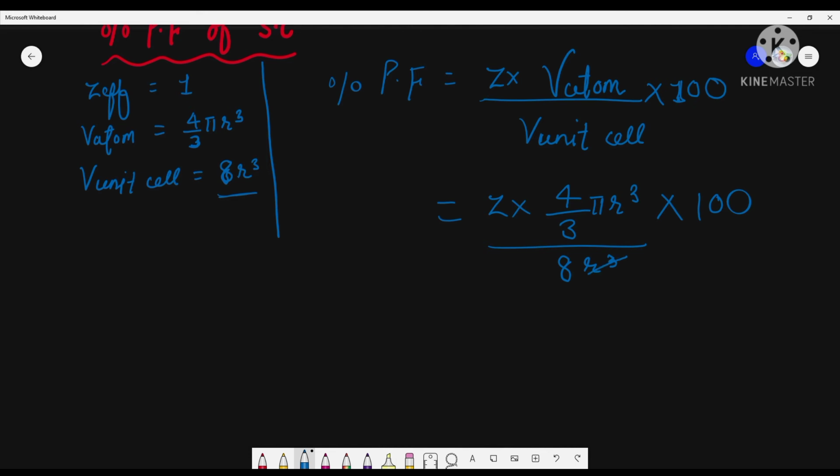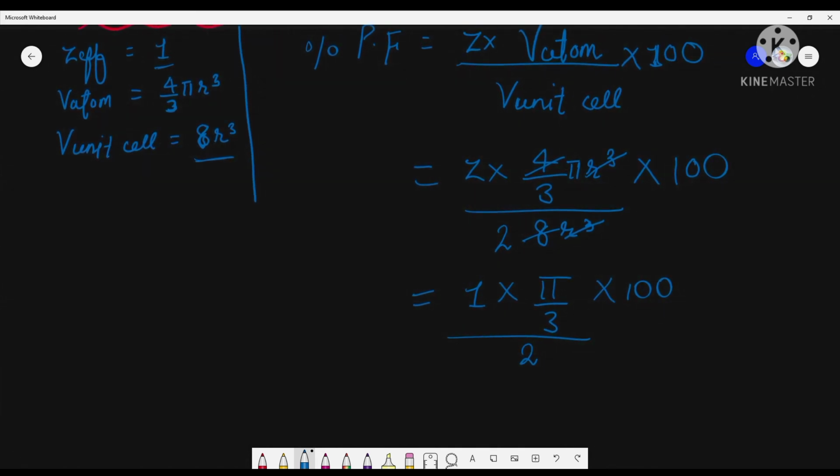Now r cube gets cancelled, 4 ones are 4, 4 twos are 8, and Z is equal to 1, so 1 into pi by 3 by 2 into 100. Finally we get pi by 6 into 100. If we calculate it, we get 52.4%. Okay, so this is our answer.